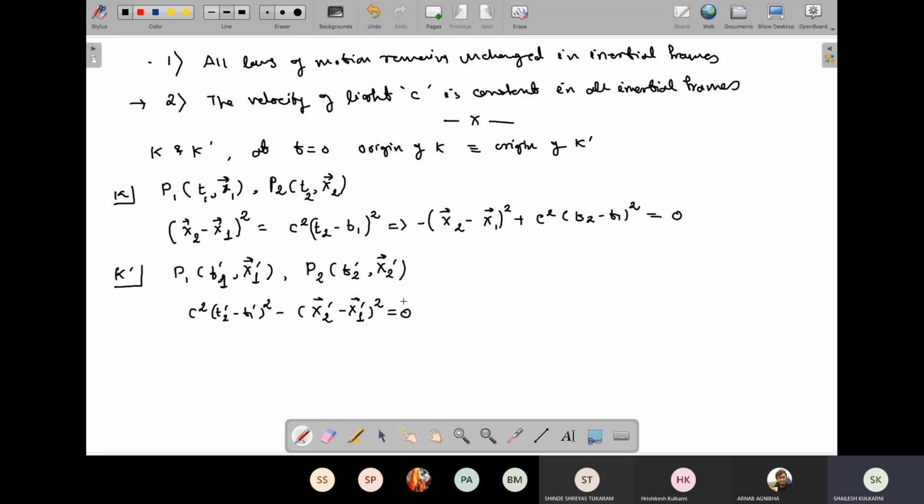In both frames we have the spherical wavefront. I don't know yet how these primes are related to unprimed, but they should be related in such a way that if this is true in K frame, then this is true in K prime frame.